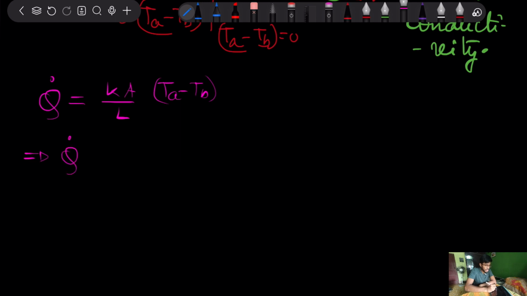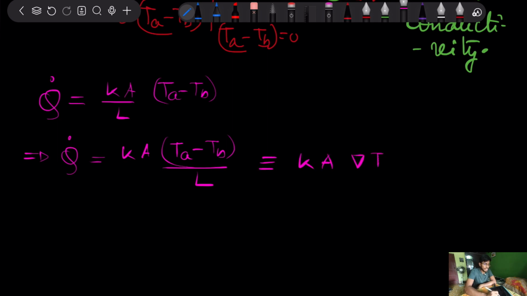And my q dot I can again write as Ka times Ta minus Tb by L, and this is analogous to Ka grad T. You see that if my temperature is decreasing, meaning grad T is negative, then q dot should be positive. So I would be writing a minus here.